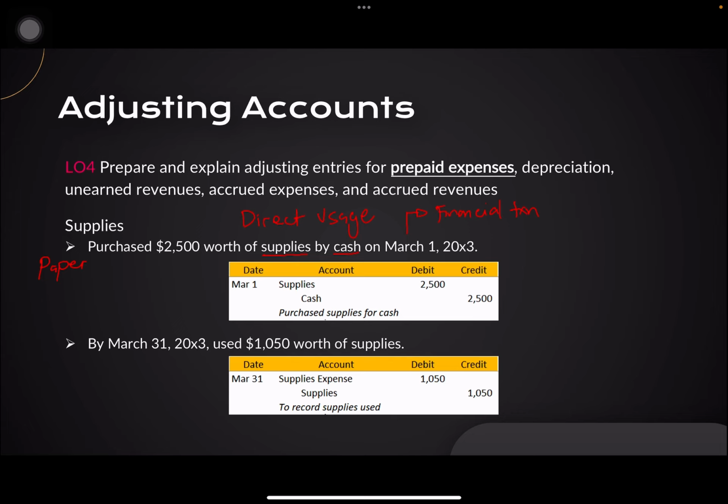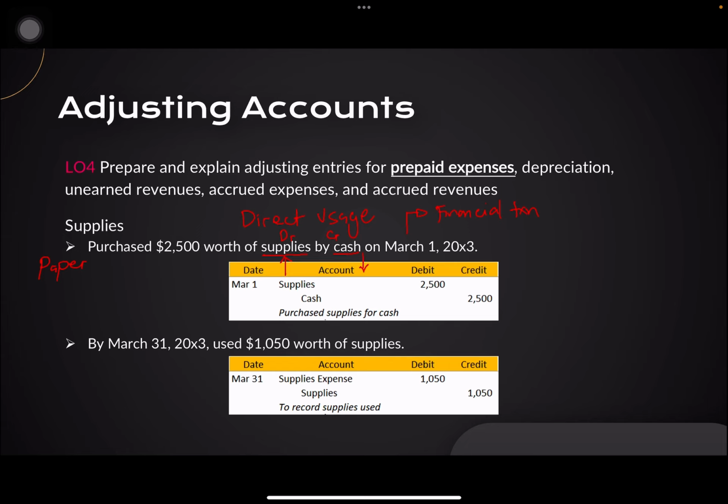Our supplies account increases. And then we paid cash to make this purchase possible. When we purchase something via cash, what happens to our cash account? It decreases. Now that you already know this and both are asset accounts, any increases in your assets would be displayed on the debit side, and any decreases in your assets will be shown on the credit side.